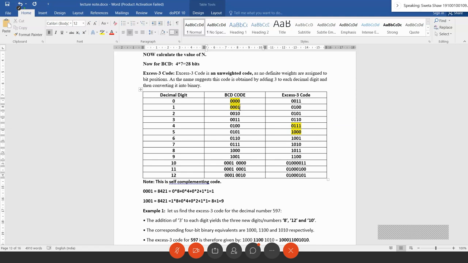What will be your answer? What will be the Hamming distance when I am going from 0 to 1? Sir, 1. Okay.